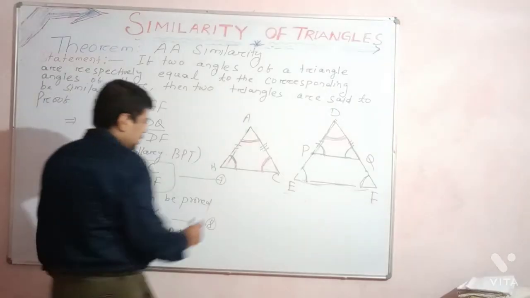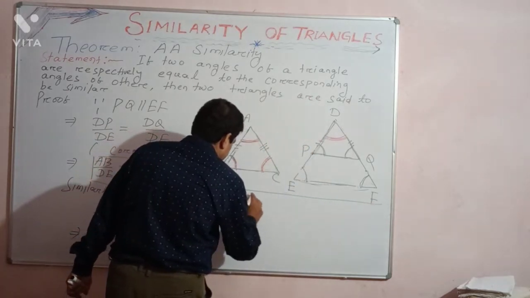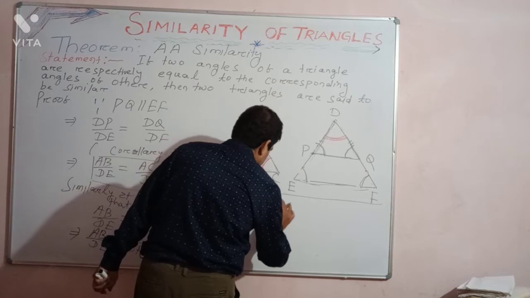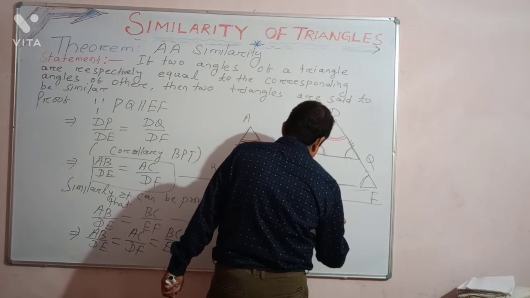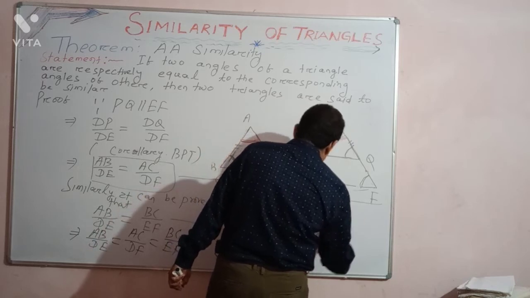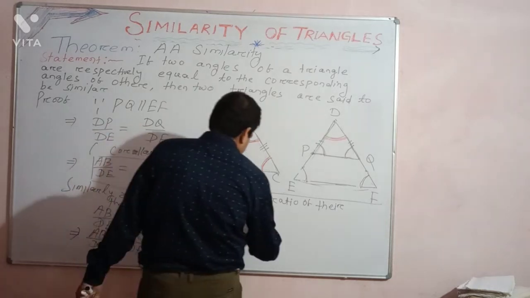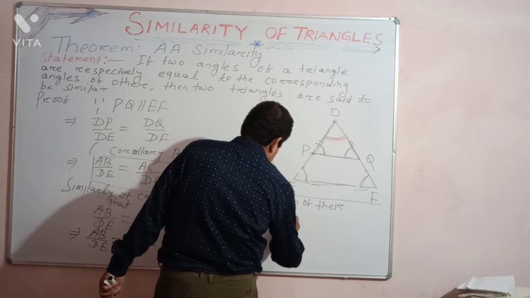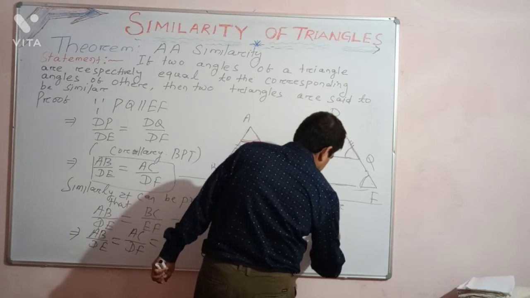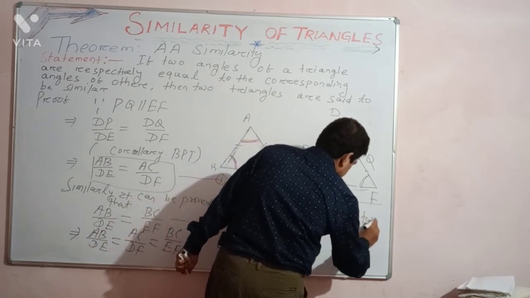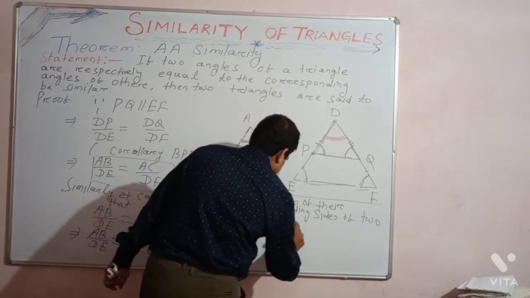And since the ratio of their corresponding sides are equal, that implies the ratio of their corresponding sides of the two triangles are equal. Already proved.